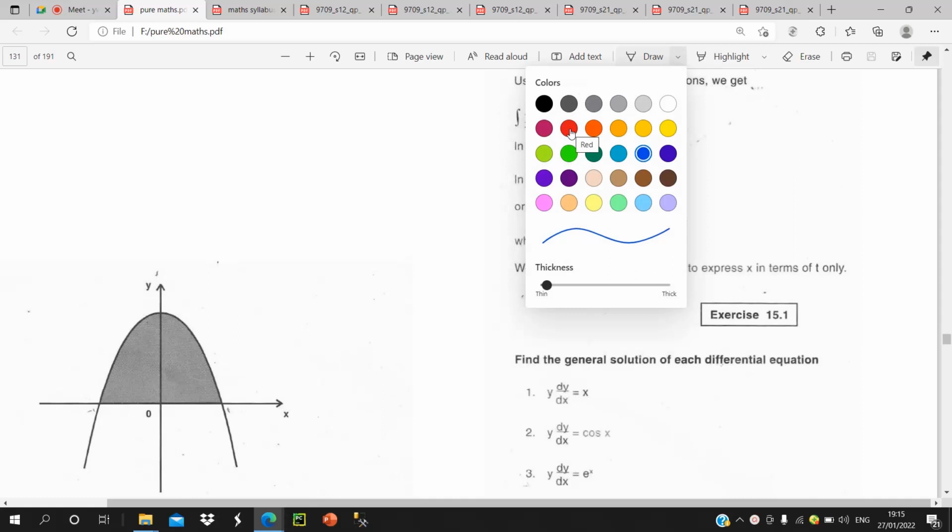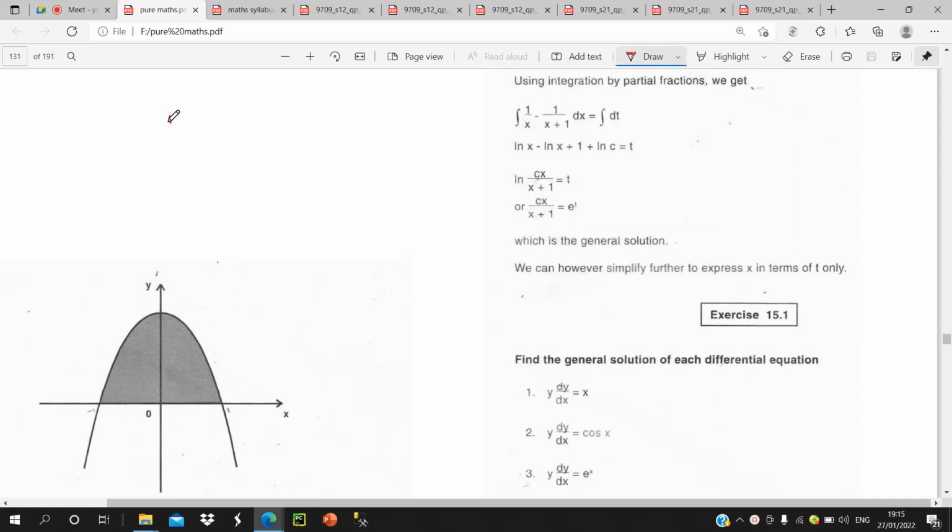Let's say we have y = 2x + 4 dy/dx. This one is an example of a differential equation.